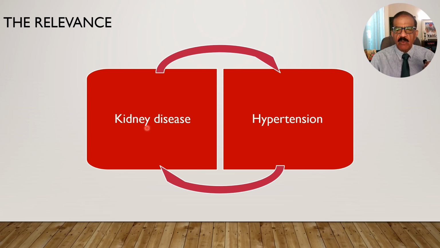So here we're going to talk about the kidney as cause of hypertension, but actually hypertension itself can cause kidney damage and this may perpetuate. Interestingly, the essential hypertension, the hypertension where we do not know the cause, at least we cannot demonstrate any abnormality, that is also mostly linked to the kidney as a cause.